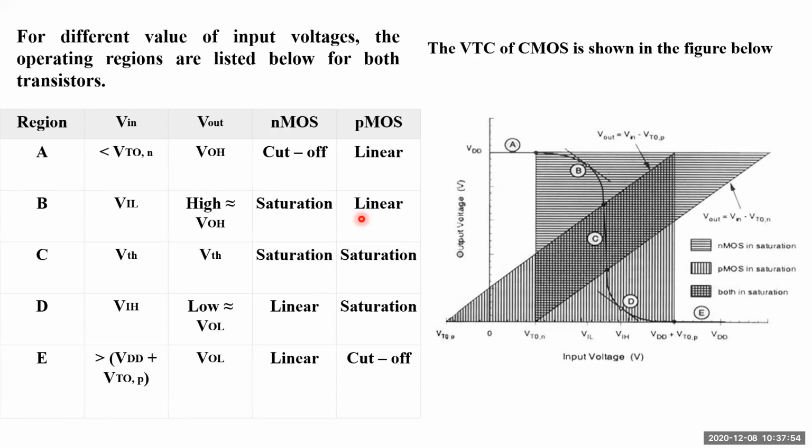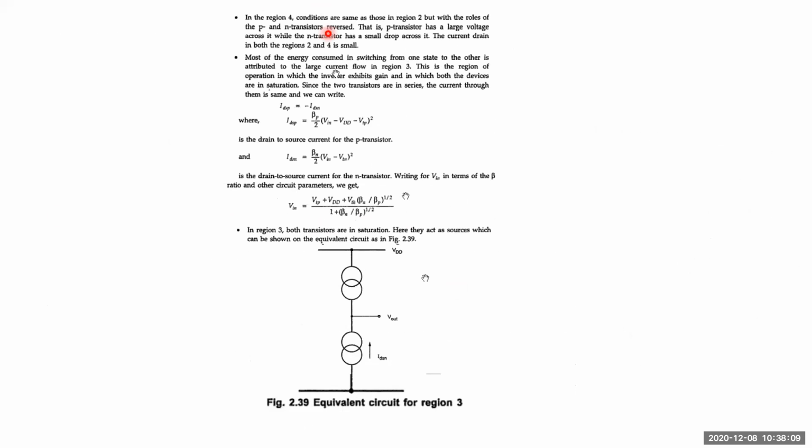Region 2 and region 4: in region 2, the NMOS is in saturation and PMOS is in linear. Coming to region 4, NMOS enters linear, and PMOS will enter into the saturation region. That's why region 2 and region 4 are exactly reverse conditions.